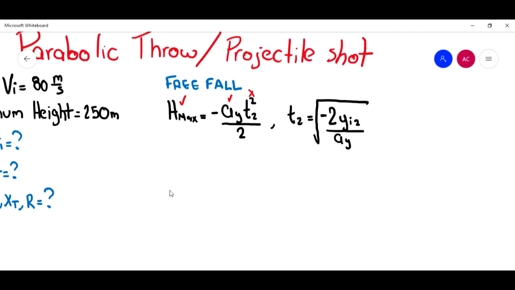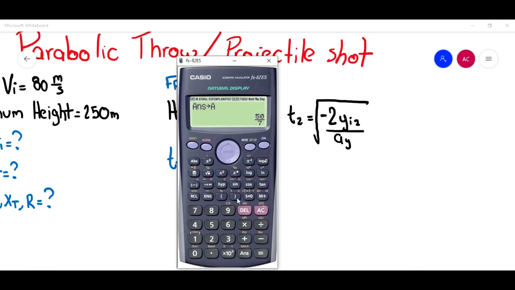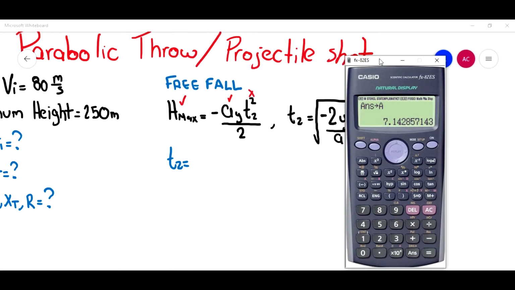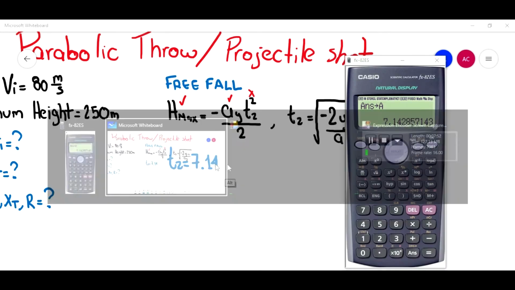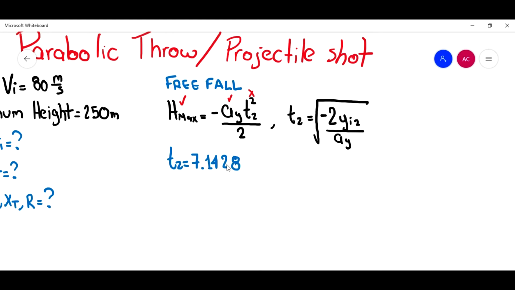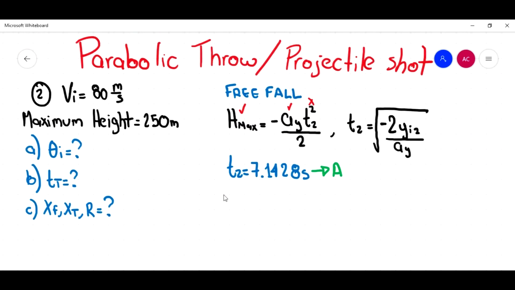So time 2 equals how much? 7.1428 seconds, okay. And I just saved this value in memory A of my calculator, okay.